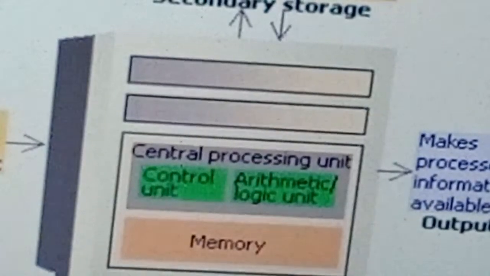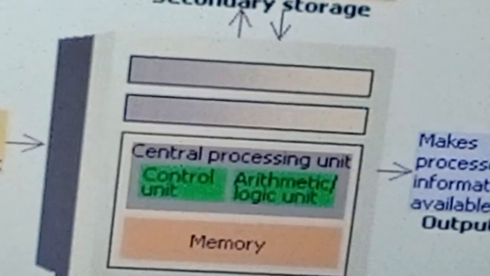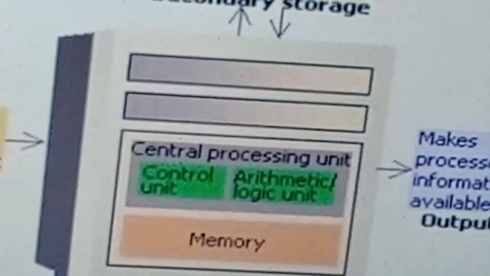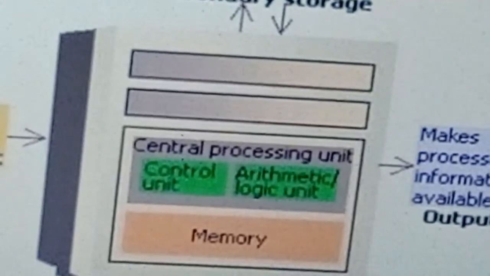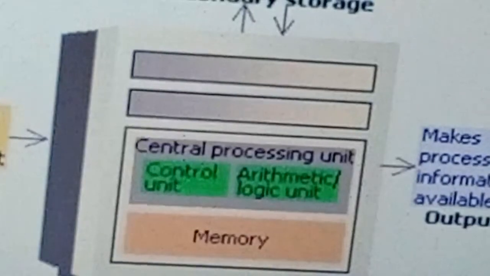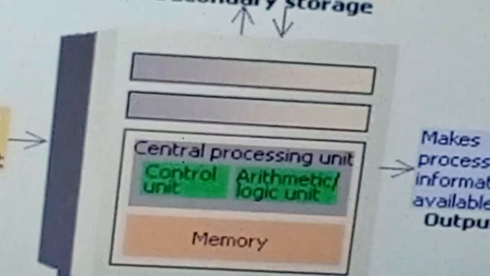It is used to store frequently used data and programs which can be directly accessed by the processing unit. Every application on a computer first loads into RAM, that is random access memory, which makes it fast to access. So this refers to internal memory, internal storage.